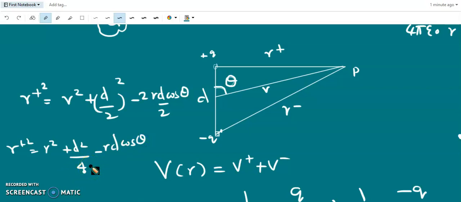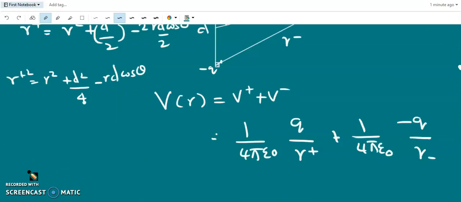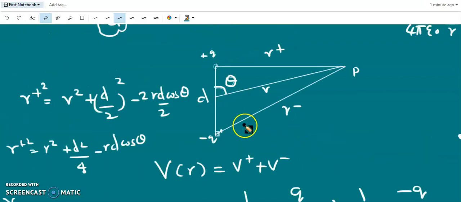And similarly, we can have an expression for r minus square. So r minus square forms the side of this triangle, and two sides are given, and the angle between them is 180 minus theta.